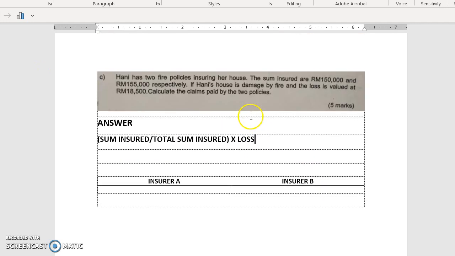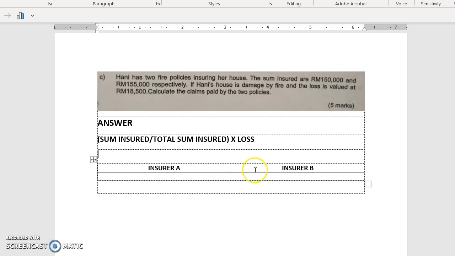We have two insurance companies, so you can state the first as insurer A and the second as insurer B, because this question does not state the names of the companies.